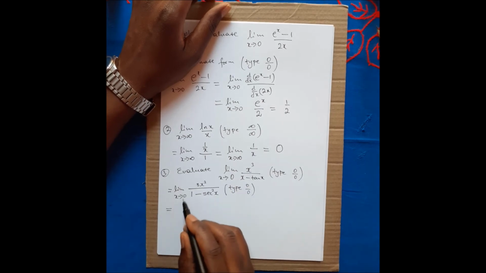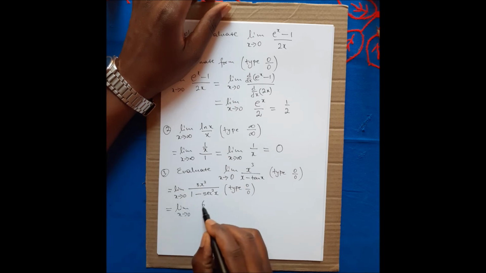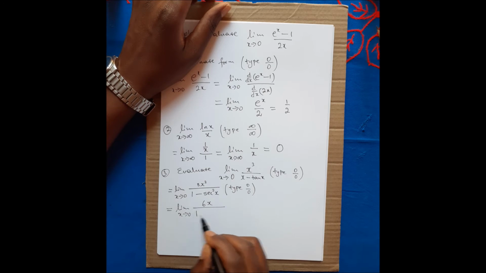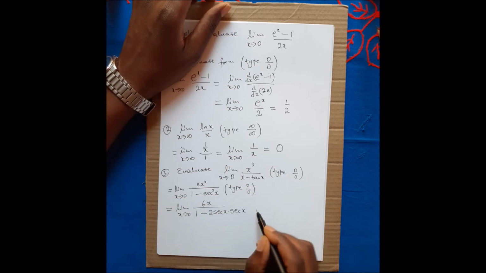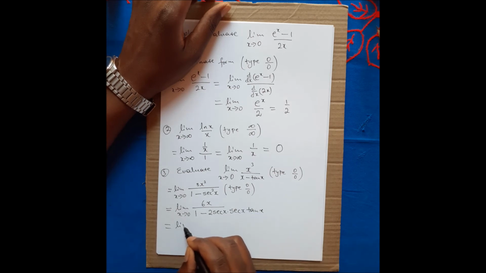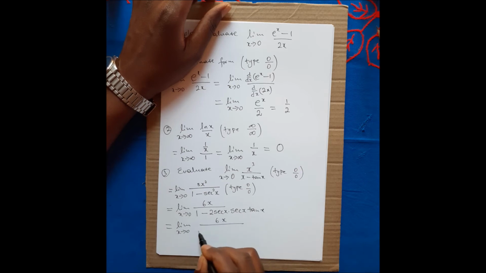So we apply L'Hopital's rule again. This will be the limit as x is approaching 0 of 6x over 1 minus 2 sec x times the derivative of sec x, which is sec x tan x. This is in fact the limit as x is approaching 0 of 6x over 1 minus 2 sec squared x tan x.